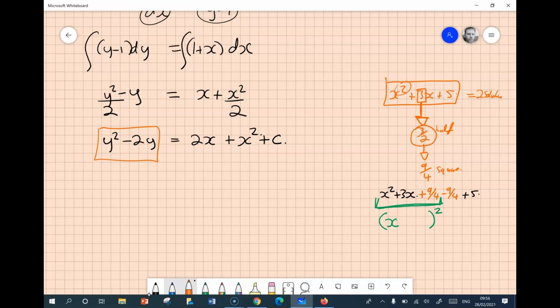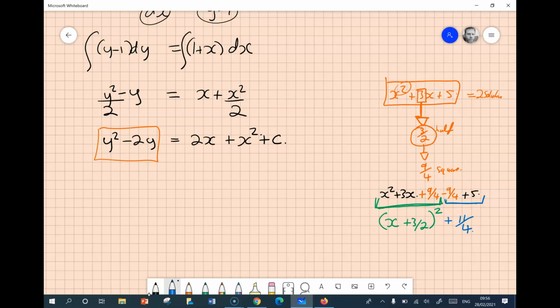So here it's a positive 3 over 2. So x plus 3 over 2 to be squared, and then I also have this piece at the end, minus 9 over 4 plus 5, we're talking 20. What's that? That is plus 11 over 4 here.